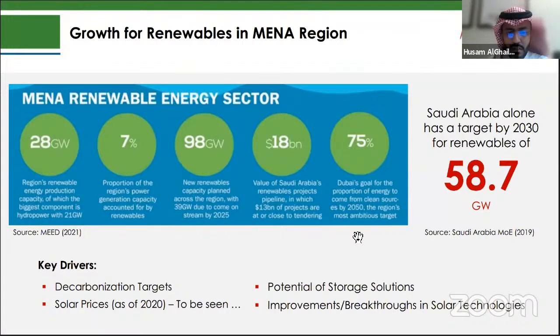We see the experience in the GCC region, in Jordan, and in North Africa. Very promising results. Very promising. From a client, from a state, from an off-taker's point of view, all of those projects have contributed to lowering the cost of power in those countries.